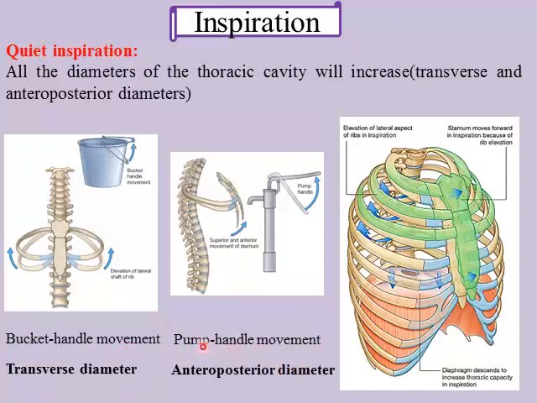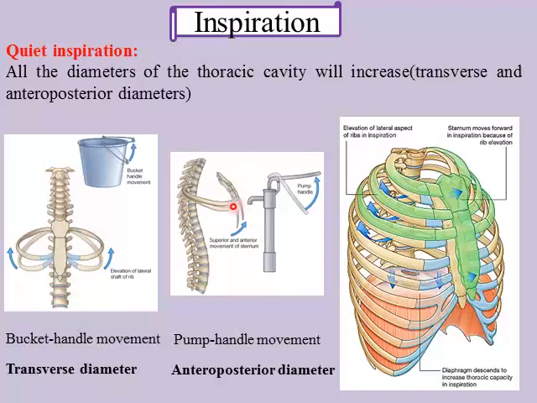In order to understand the pump handle movement, this occurs because the anterior ends of the ribs are much more inferior, in a lower position than the posterior ends. The posterior ends are higher, the anterior ends are lower.